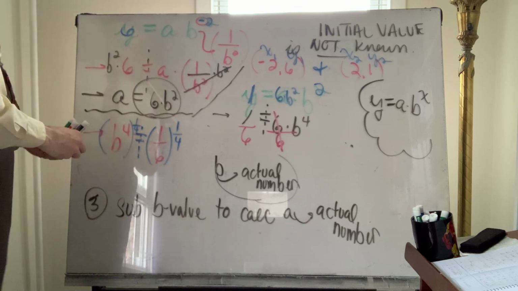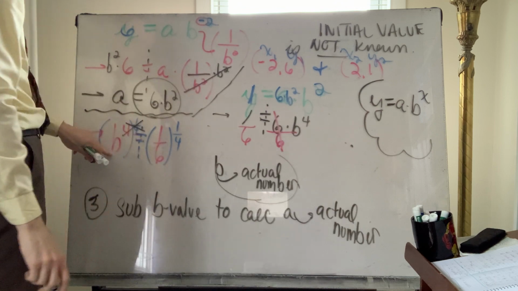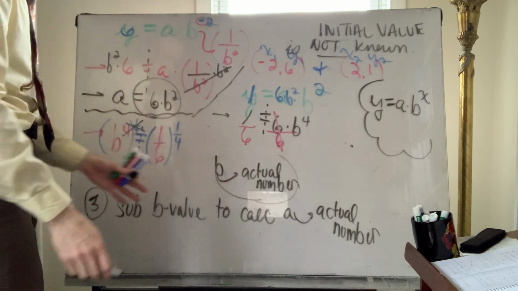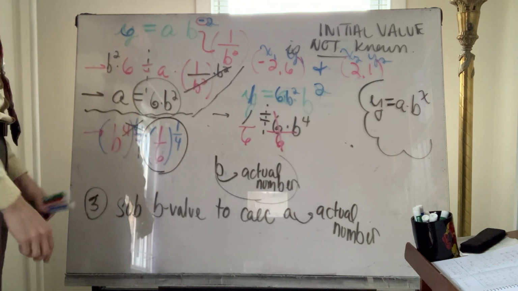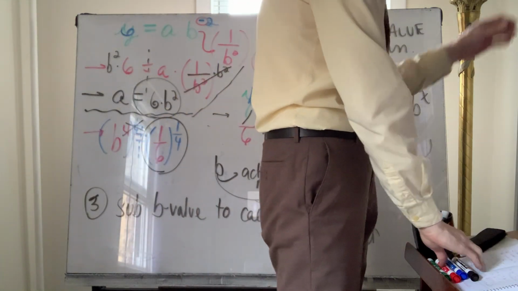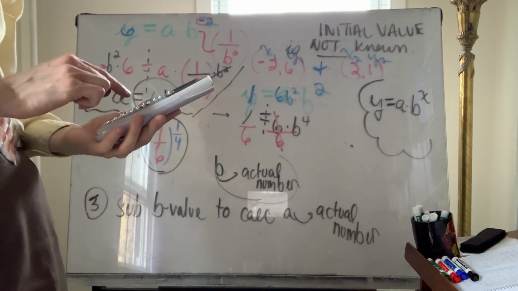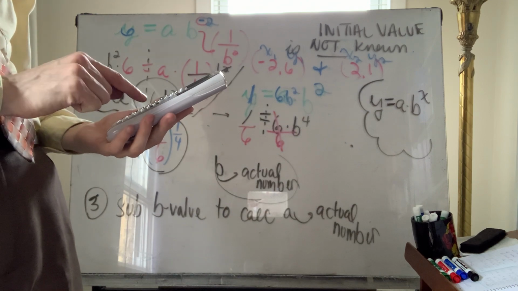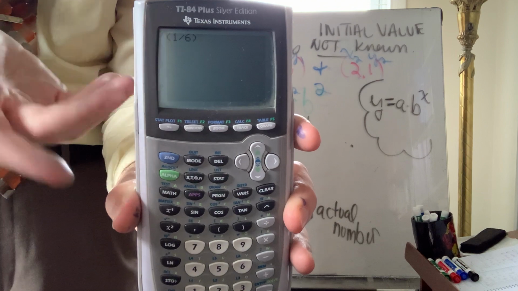The effect is that this is going to cancel, leaving you with b, so that you get an actual number, b equals something, and then plug that into your calculator, right? Because it's a rather cumbersome number again. See what you get. You could put 1 divided by 6 in the traditional way because it's more efficient.